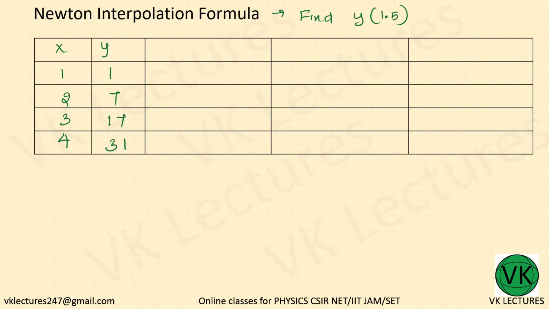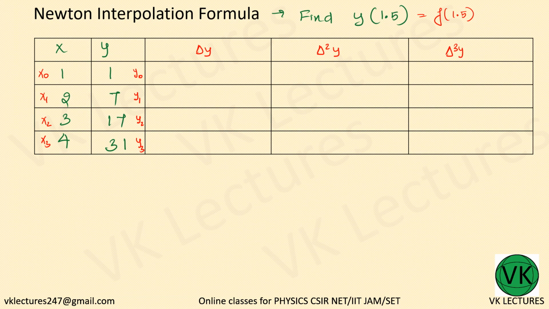Using Newton interpolation formula, find y of x at x equal to 1.5, that is the function at 1.5. Now this is x, this is x naught, x1, x2, x3. Corresponding values of y, that is y naught, y1, y2 and y3. This is delta y here, this should be delta square y, delta cube y.